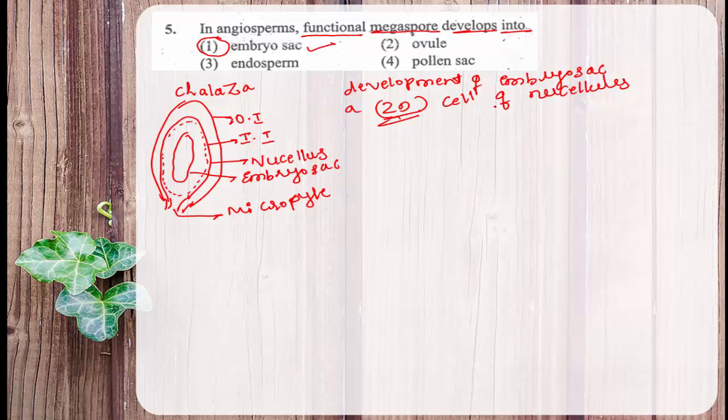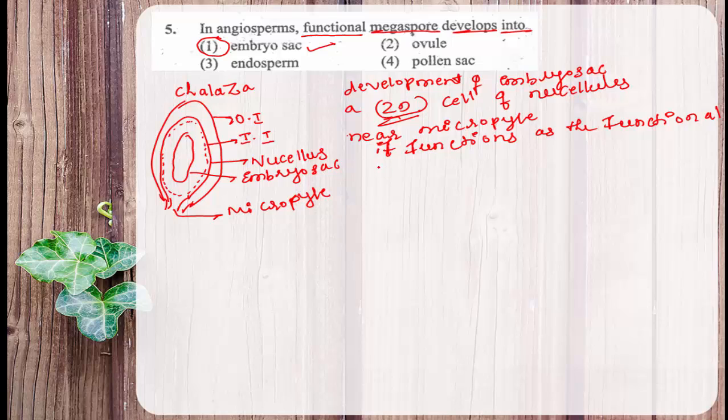A diploid cell of nucellus near the micropyle, that means towards the micropyle, functions as the functional megaspore.